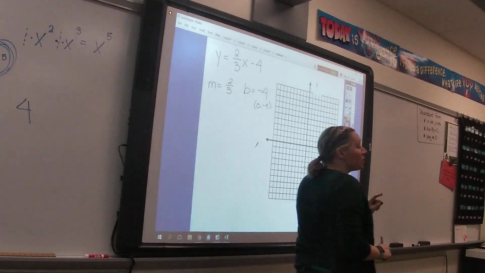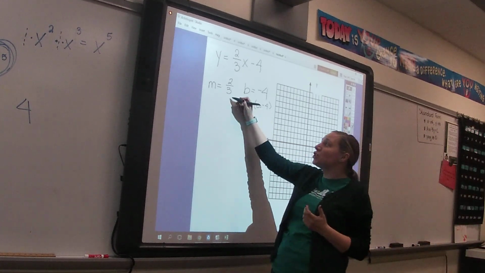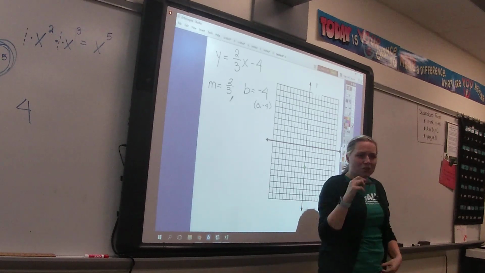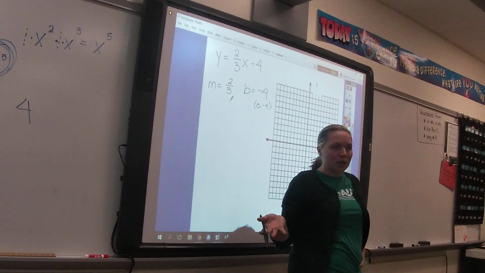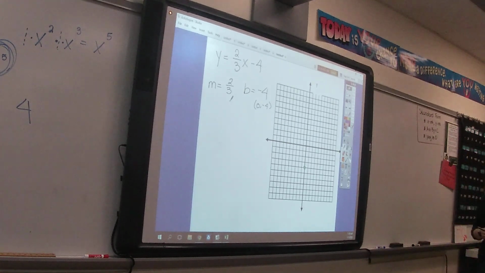To graph in slope-intercept form, our slope has to be a fraction. So this one is fine because the slope is already a fraction. But if it's not a fraction, just put it over 1 and make it a fraction. Okay. And then we'll act like, I don't know the second point, but I'm being given directions to find it.